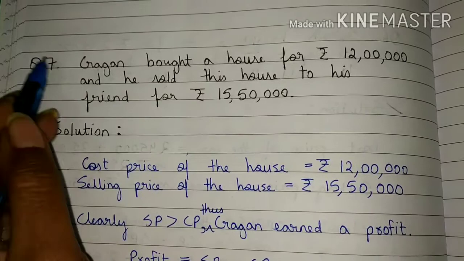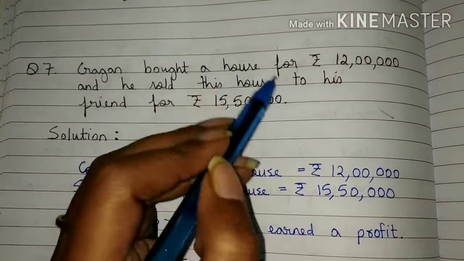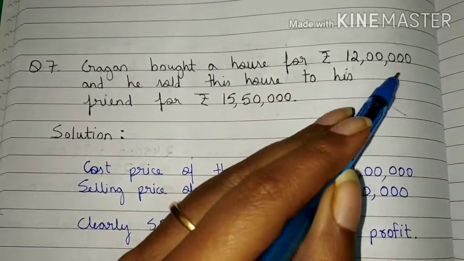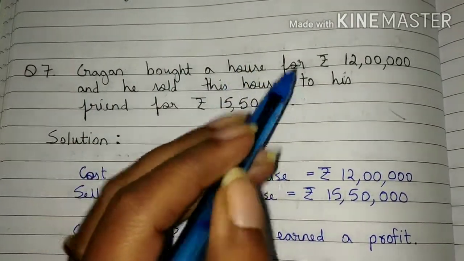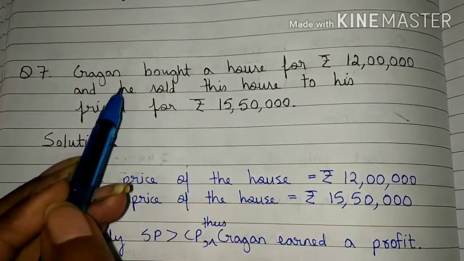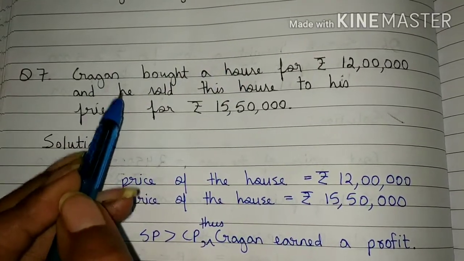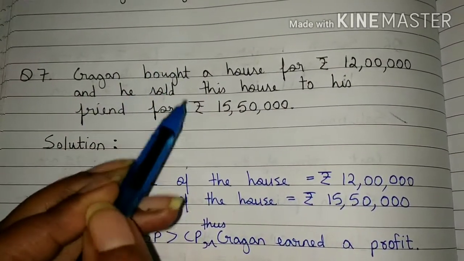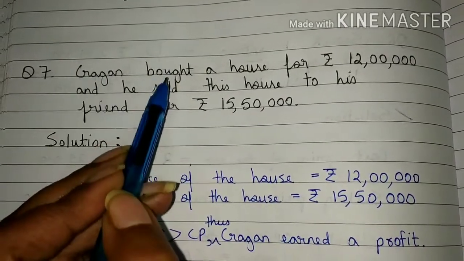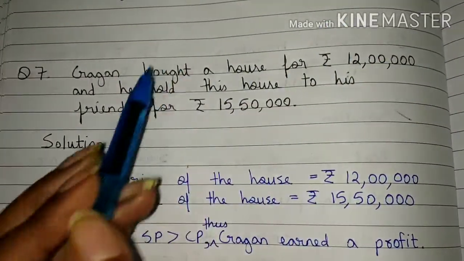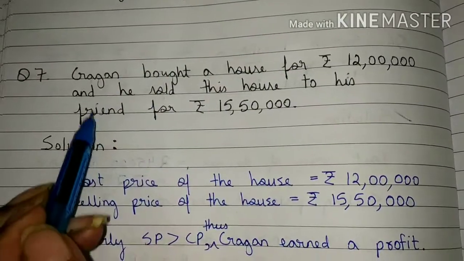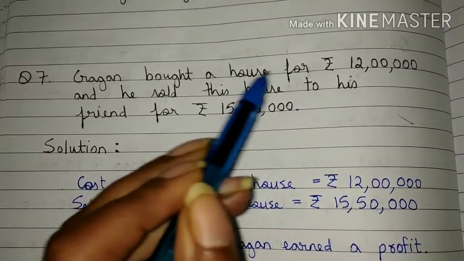Students, here is question number 7. Gagan bought a house for rupees 12 lakh and he sold this house to his friend for rupees 15 lakh 50,000.